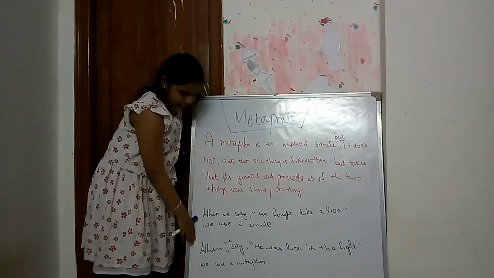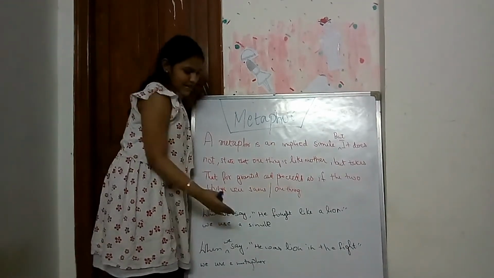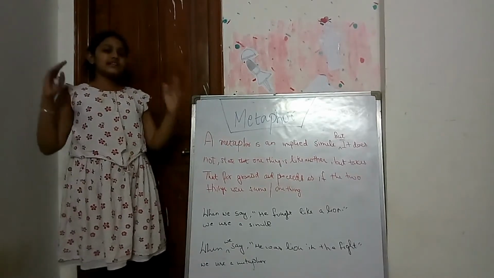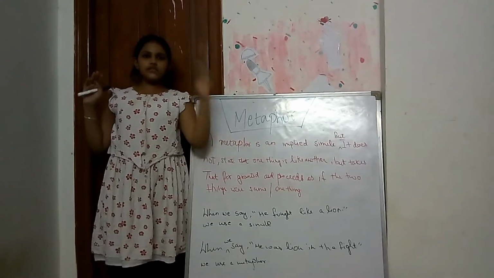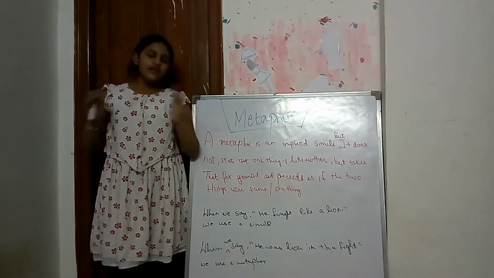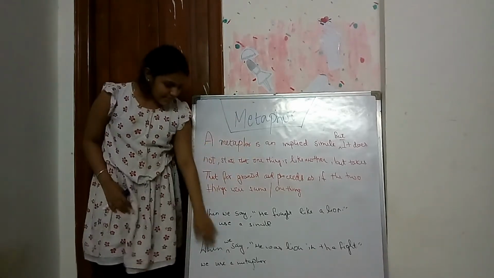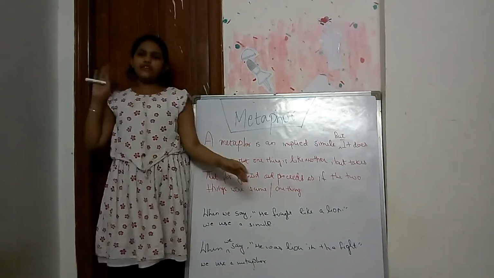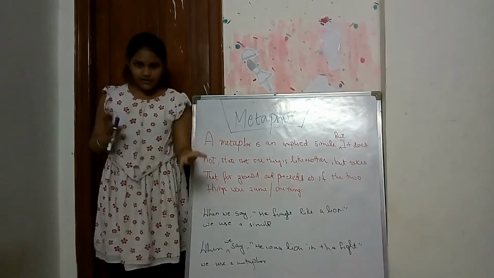In the second sentence, when we say he was a lion in the fight, we use a metaphor. We are taking it for granted; we are not comparing two things. We are not saying he was like a lion. We are saying he was a lion.